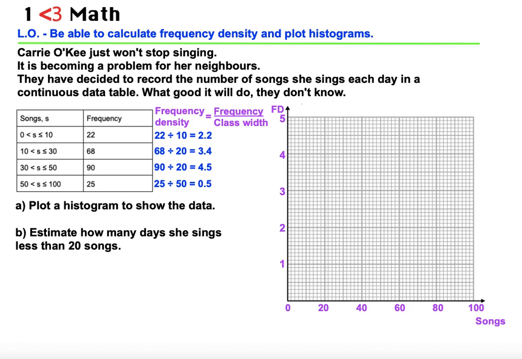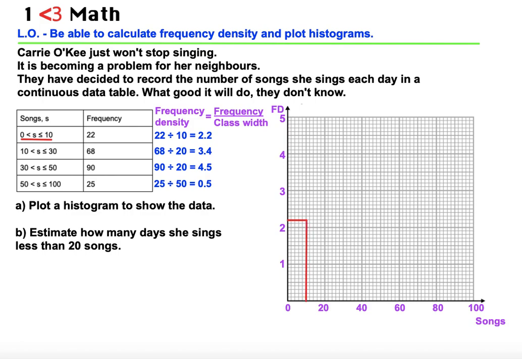So the thing about the histograms is that we have quite a lot of similarities with a bar chart, only the bars for histograms can be wider or narrower depending on the class width. So the first class width is 0 to 10, so from 0 to 10 we are going to plot a frequency density of 2.2.